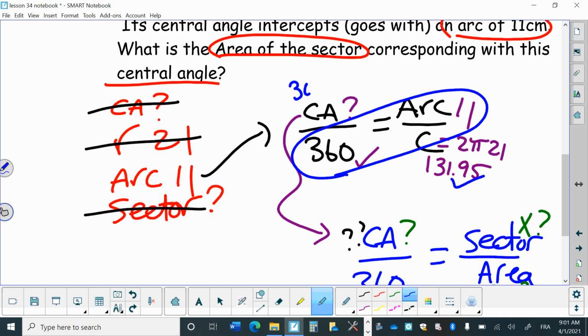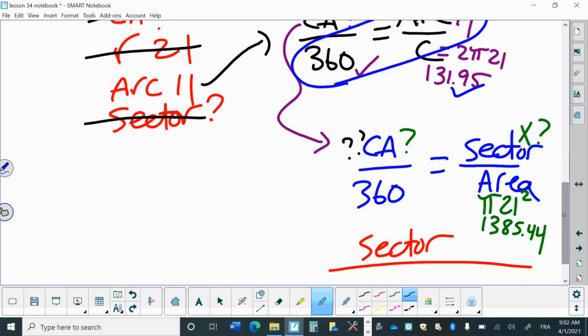Actually, I believe it shows up as 30.01, and I'm always telling you to make sure to use exactly what you get, rounded properly. So I'm going to use that 30.01 here to be picky, and then I can nice and easy cross multiply and divide my last formula, and my final answer is 115.49 for the sector, centimeters squared.